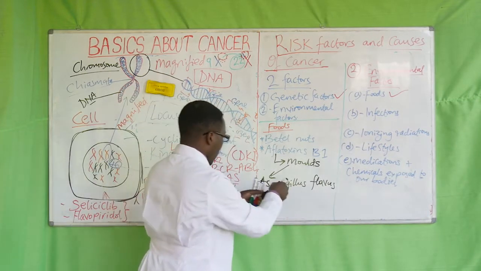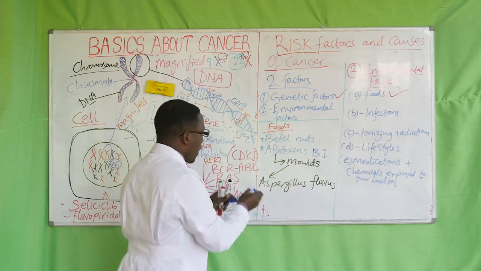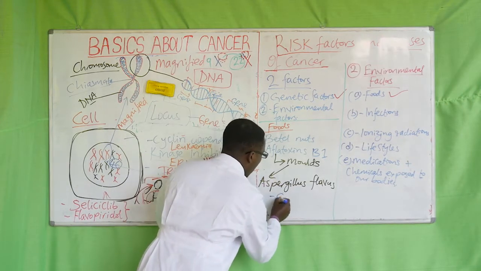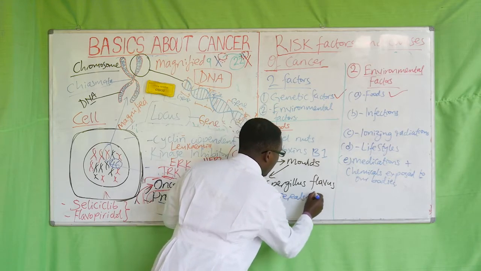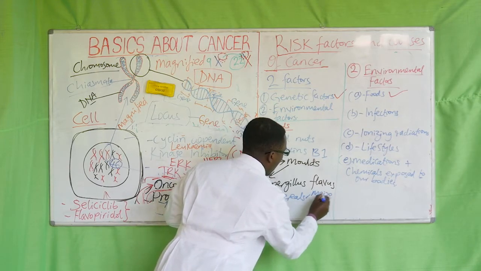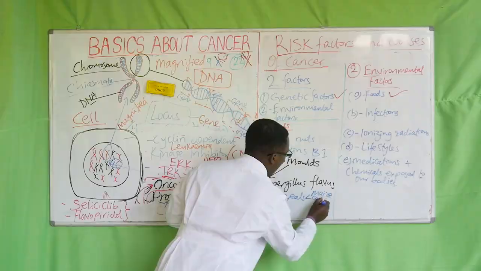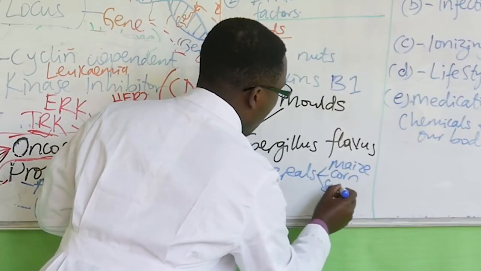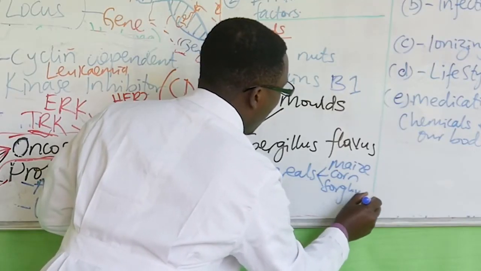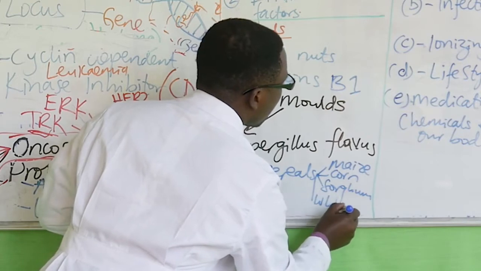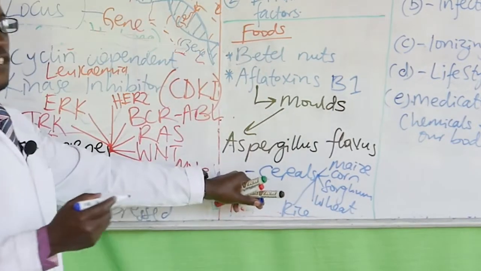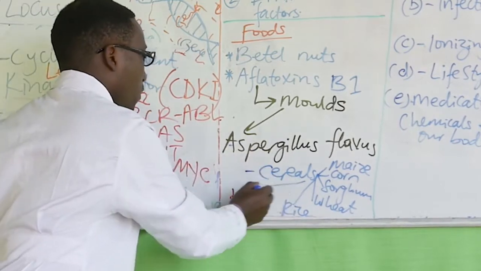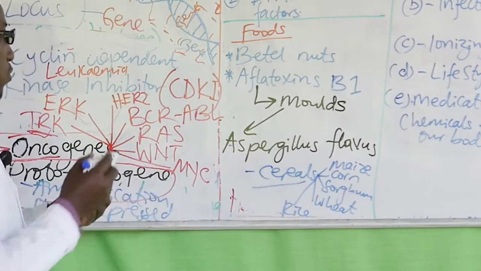Now, with the foods, let me also write, we have our cereals like maize grains, or corn, sorghum, wheat, rice. All these are cereals that we are talking about.